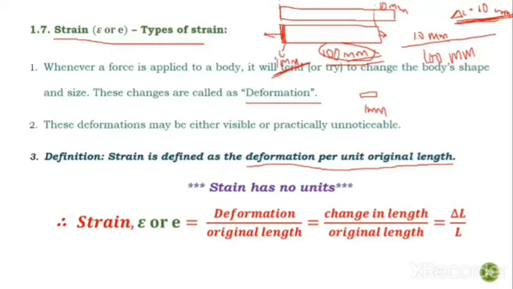Similarly, if this is the total elongation and this is the original length of the bar, this 10 divided by 100 will give the change in length for 1 mm of length. That is why we use here per unit length of bar.